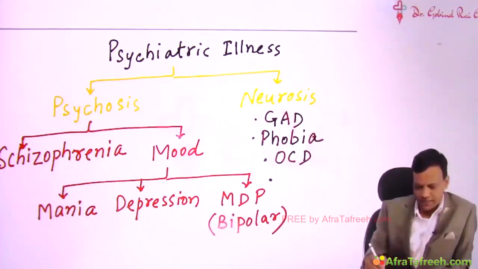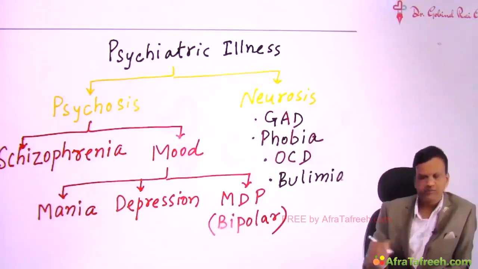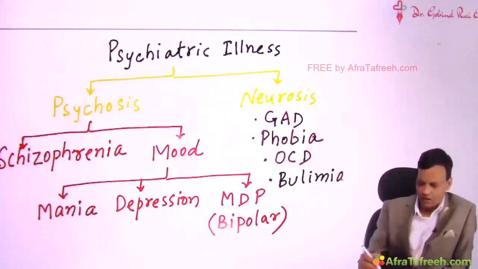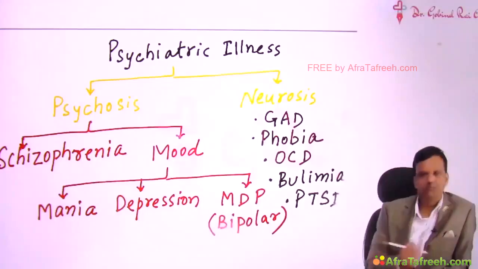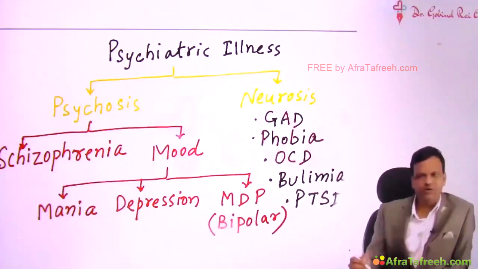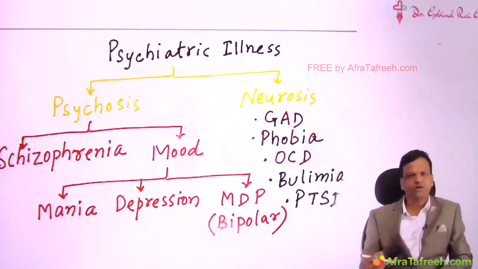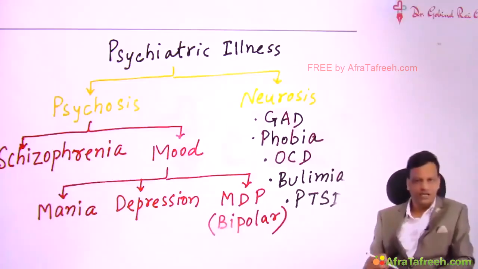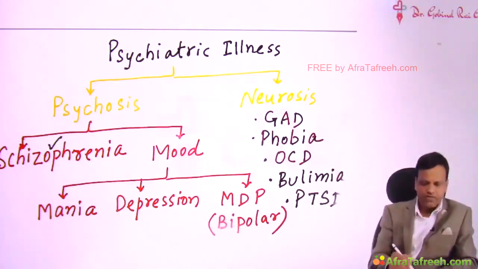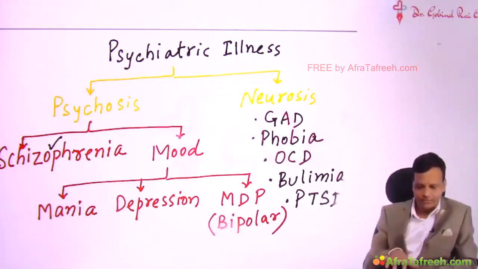Then we have some eating disorders, which are called bulimia. We have post-traumatic stress disorder. All these are examples of neurotic disorders. We will discuss the management of these disorders in psychiatric illness, and the first topic we will start is schizophrenia.